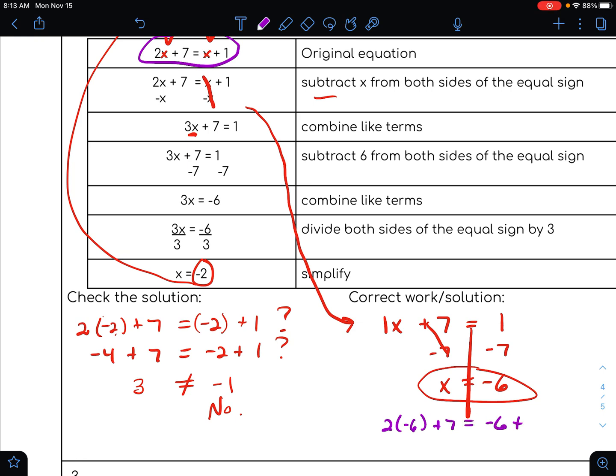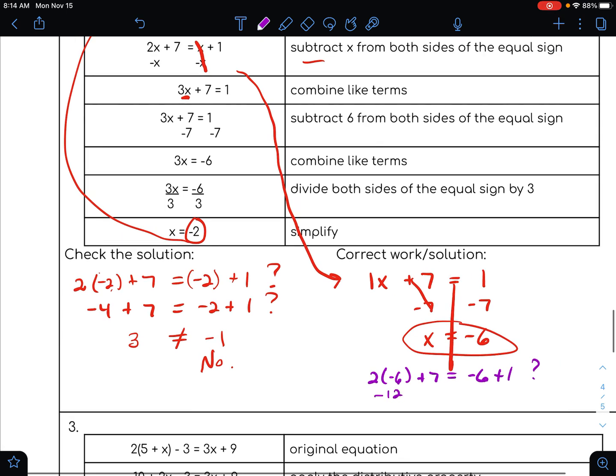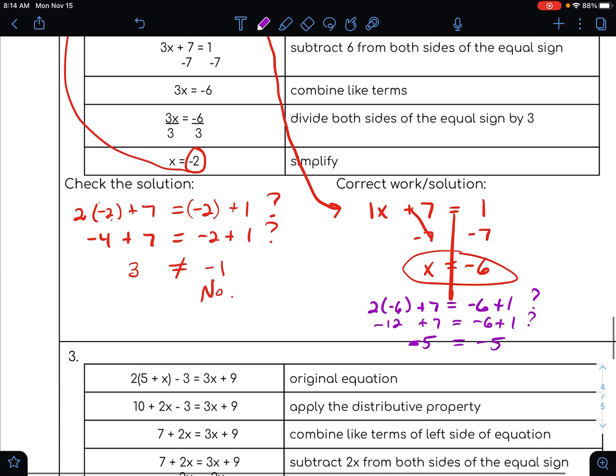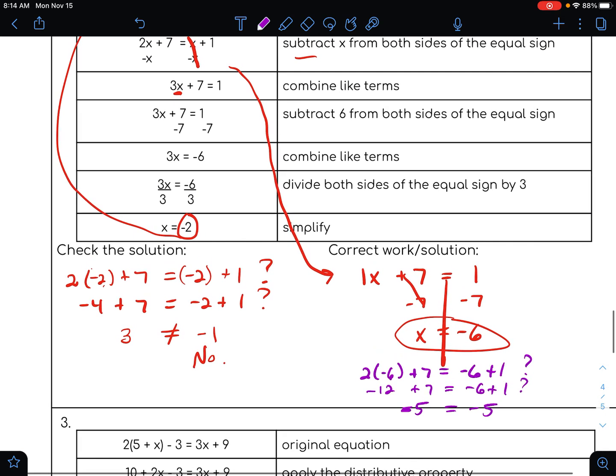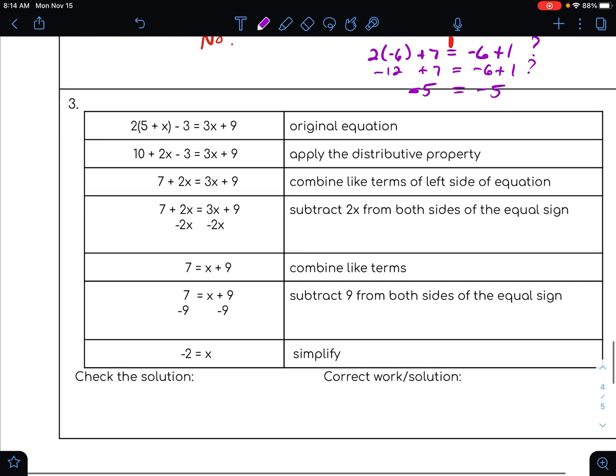Is that going to be equal to negative 6 plus 1? 2 times negative 6 would be negative 12 plus 7, which is negative 5. And negative 6 plus 1 is also negative 5. So yes, that works. The rest of the steps looked pretty okay up here, but that was where the mistake was.